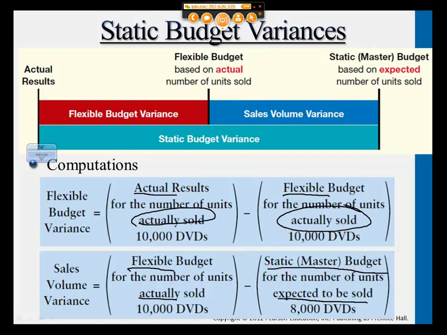My master budget has the numbers that we're projecting, that are expected to be sold. On my flexible budget, I have an opportunity of looking at what that number is within the relevant range, what I actually sold, and tracking down my actual result in the flexible budget for the actual units sold.